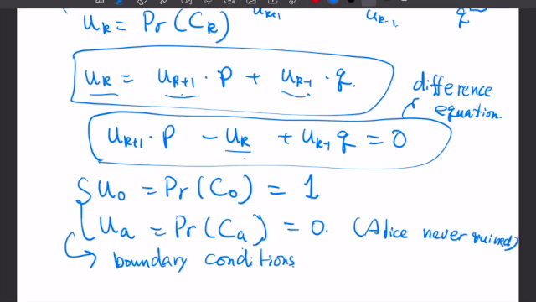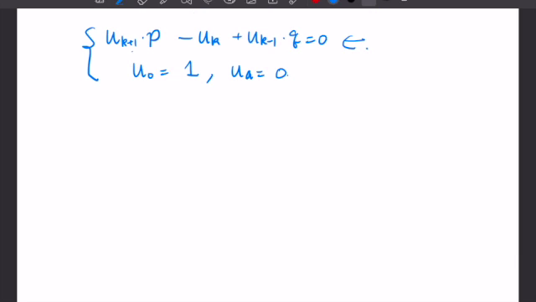Okay, so how can we do this? That's the next problem. Now let's solve this difference equation. To solve this, assume that the solution is of this form: u_k is equal to s to the power of k, where s is some constant. So we substitute this solution into here.